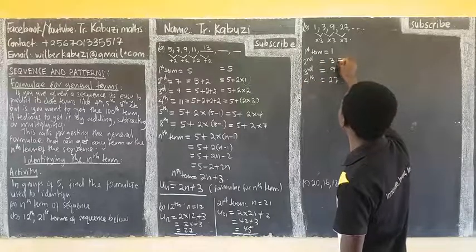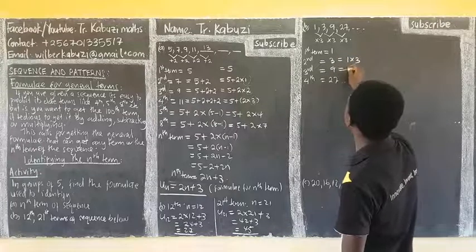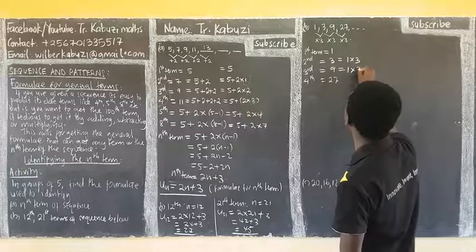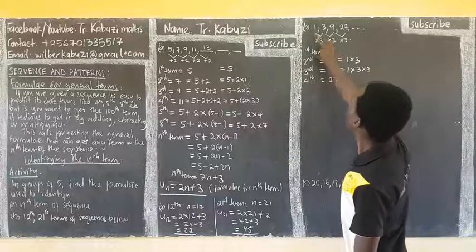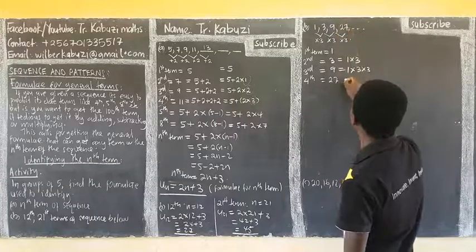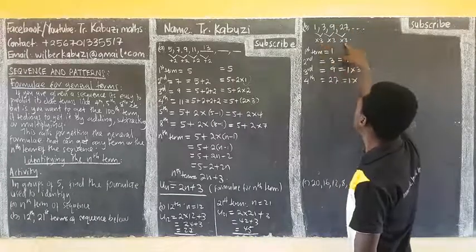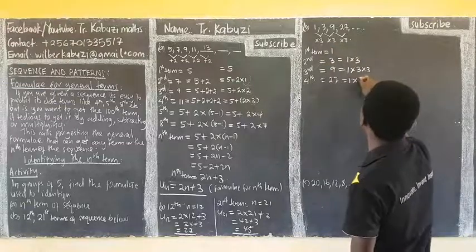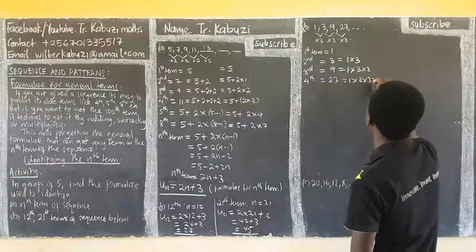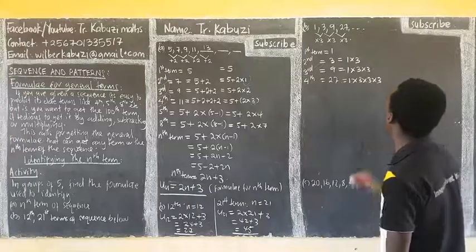This is the same as 1 times 3. So this would be 1 times 3 times 3. Then this would be 1 times 3 times 3 times 3. Not so. That's when we get your first term.